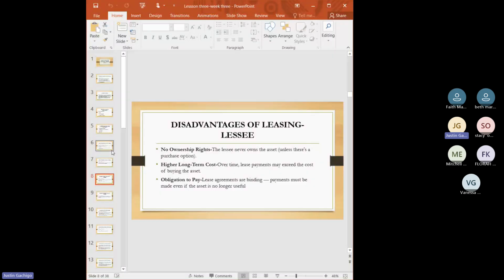Obligation to pay. So the lease agreements are binding. Payment must be made even if the asset is no longer useful. So if you have entered into a long-term lease, for example, you have leased a house to have a shop for, let's say, 12 months, and maybe you have paid upfront, because there are some leases which require you to pay upfront payment.